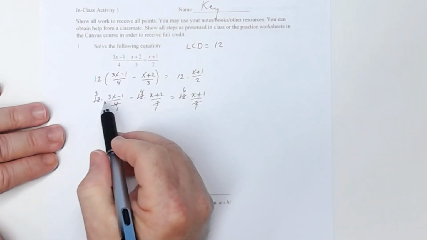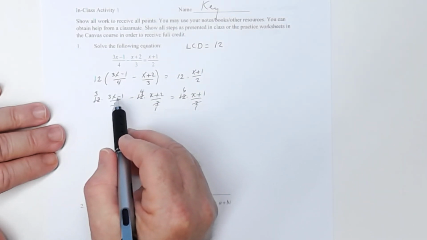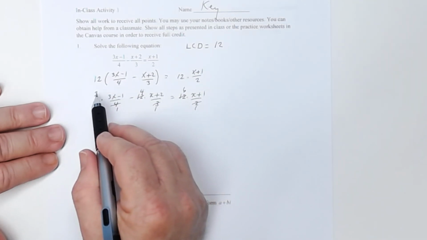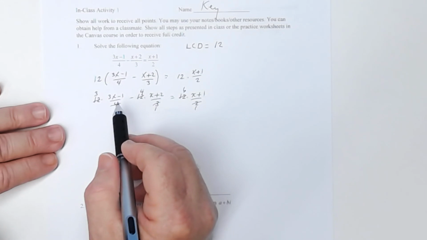Now be careful. Notice that this numerator right here is being multiplied by 3. If you're not careful, you're going to say this is 3 times 3x is 9x, and then minus 1, and that's not correct.